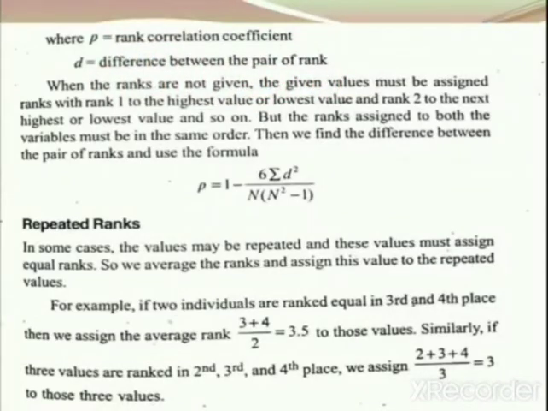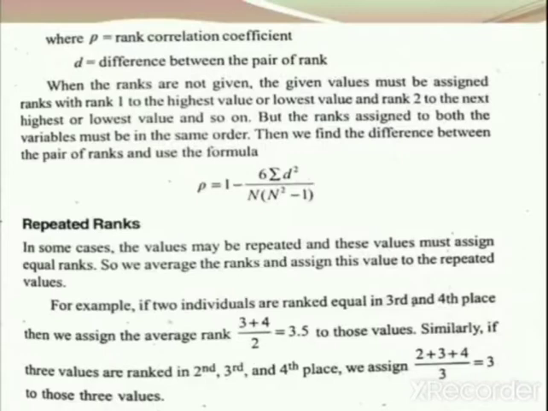When the ranks are not given, the given values must be assigned ranks, with rank 1 to the highest value or the lowest value, and rank 2 to the next highest or lowest value, and so on. If the ranks are not given, they are generally given the data, and you have to assign the ranks. You can assign from highest to lowest or lowest to highest.